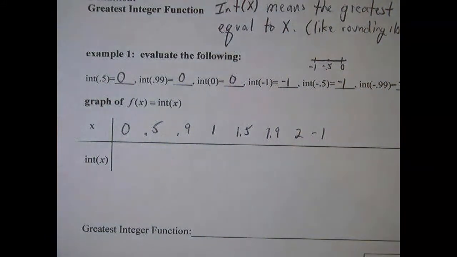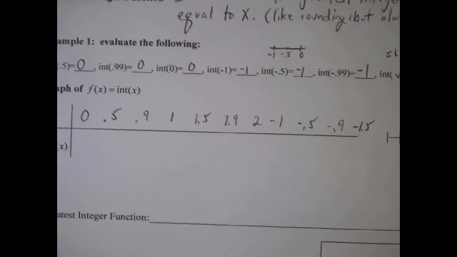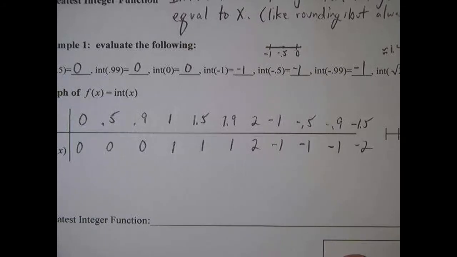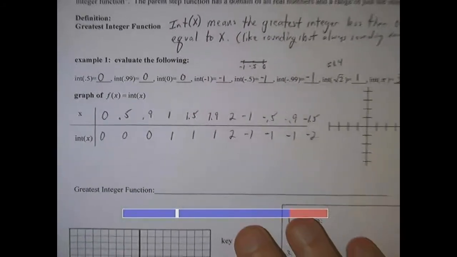We'll go with negative 0.5, negative 0.9. And last one, make it negative 1.5. We're just going to try to get an idea of what a graph looks like. So take a minute, see if you can write down all of the greatest integers for these. Okay, now let's just plot these points on the graph.